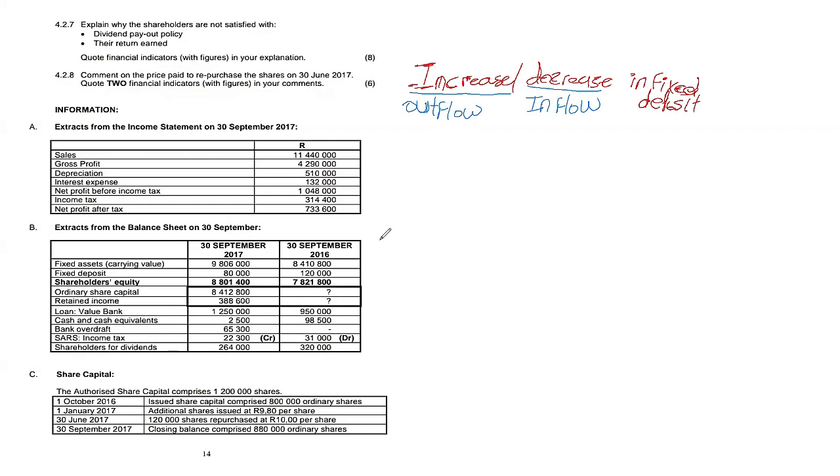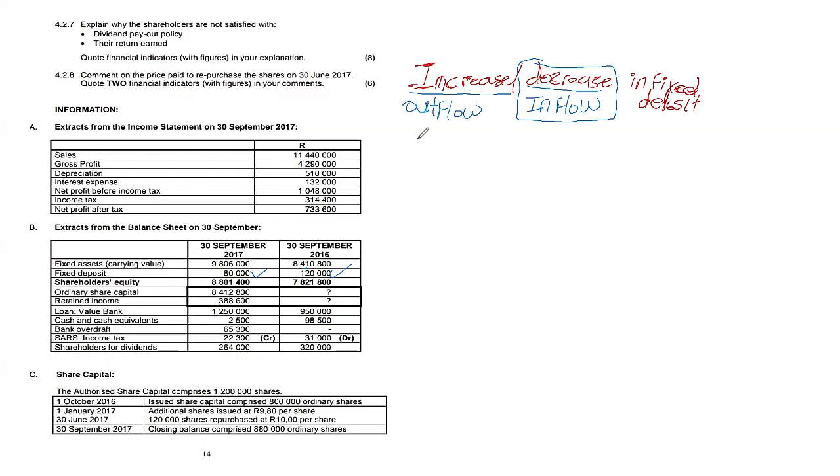However, now fixed deposit under balance sheet 2016, your fixed deposit was 120,000 given here. Thereafter 2017, your fixed deposit was 80,000. So from 120,000 to 80,000, it means your fixed deposit decided to decrease. So meaning your fixed deposit is an inflow.